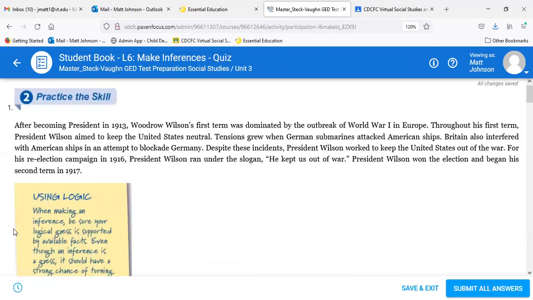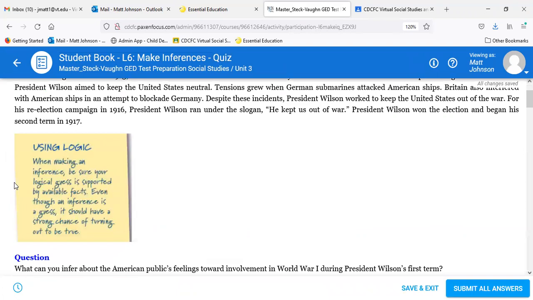All right, we have our same text there, and our tip here says, when making an inference, be sure your logical guess is supported by available facts. Even though an inference is a guess, it should have a strong chance of turning out to be true. So even with an inference, you might be missing some information, right?